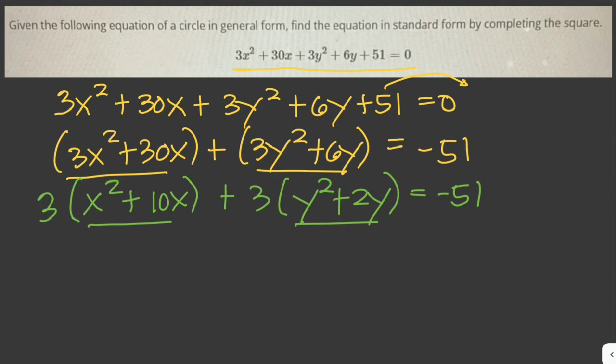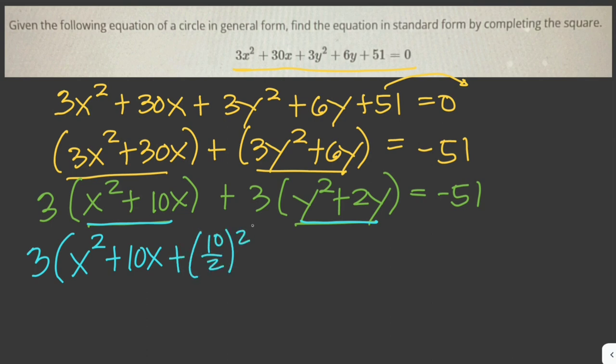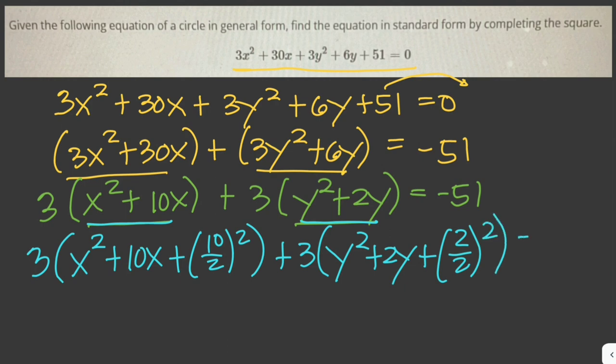Now to complete the square, again we add to each of the expressions the square of half of the coefficient of the middle term. So this is 3 times (x squared plus 10x plus (10 over 2) squared), since the coefficient of the middle term is 10, plus 3 times (y squared plus 2y plus (2 over 2) squared) equals negative 51.